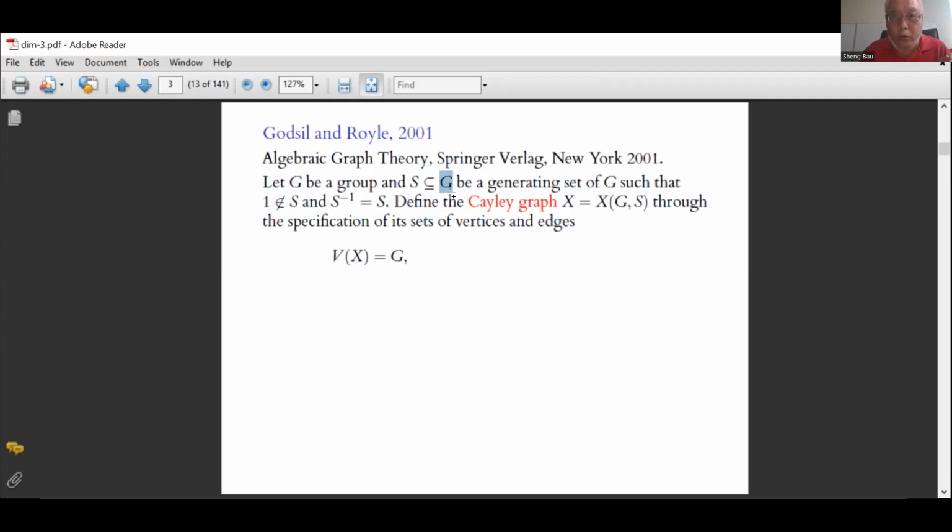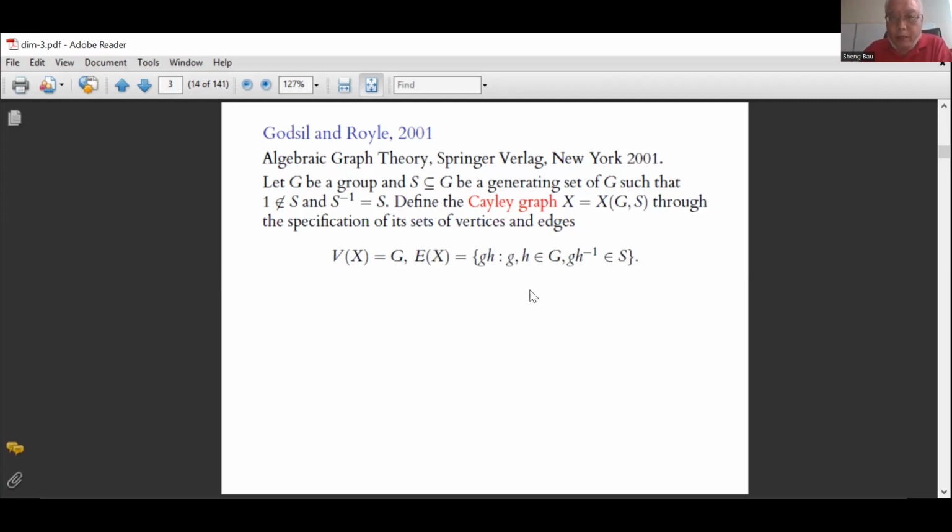Our group is G, so we cannot use G for the graph. Our graphs are metric spaces, so we use X. The graphs are not G, okay? G is the group here. So the vertex set is the group. If the group is infinite or even uncountably infinite, then we have uncountably infinitely many vertices, which cannot be counted, cannot be listed.